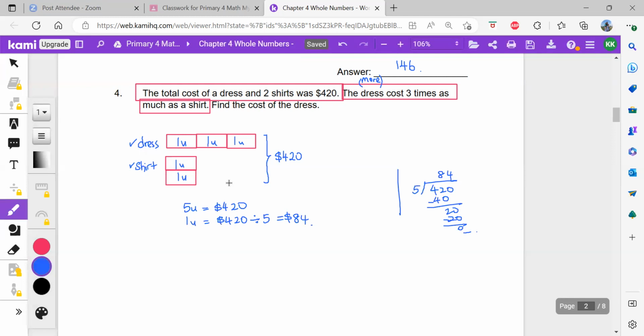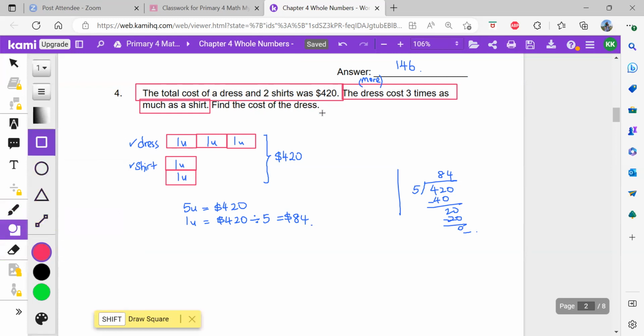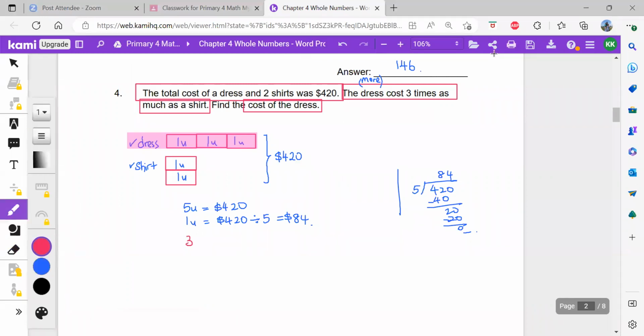And so to find the cost of the dress. The question is asking us to find the cost of the dress. Oh, but this is ugly. Let me just draw that. Okay, find the cost of the dress. And I know that the dress is how many units? The dress is 3 units. So I'll look for 3 units: 84 times 3.